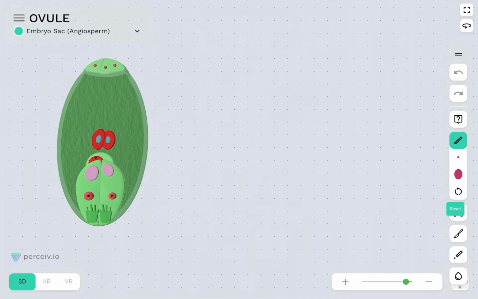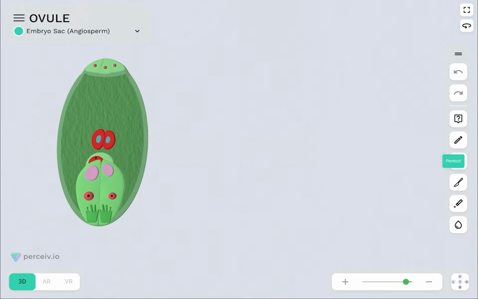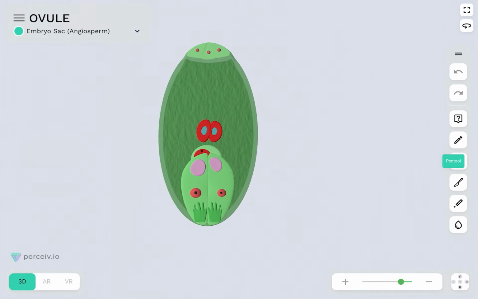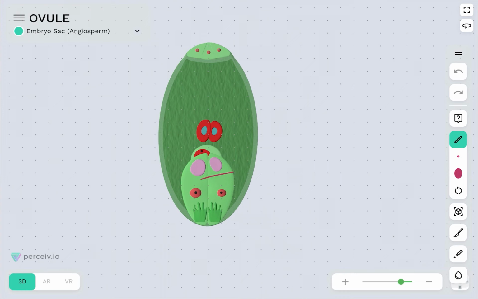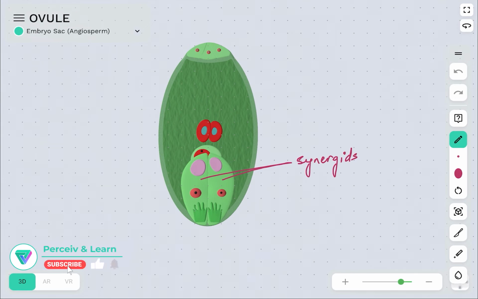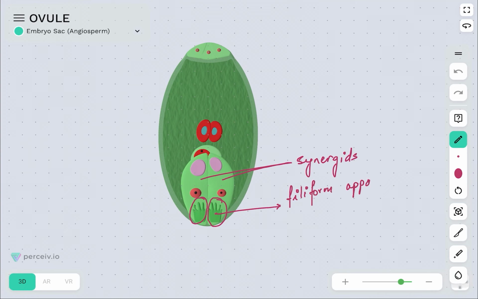Now, one thing which is left to be noted is that you can see over here the synergid cells that we have discussed. Alright, these are the synergids. In the synergids you can see some finger-like projections, and these finger-like projections are called the filiform apparatus.